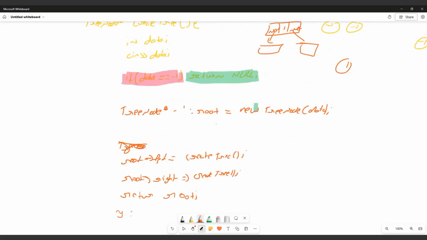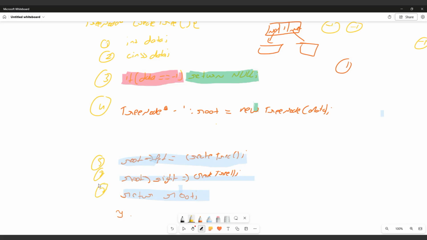So class, is it clear up to this point? Class, there are only 1, 2, 3, 4, 5, 6, 7, only 7 lines of code.